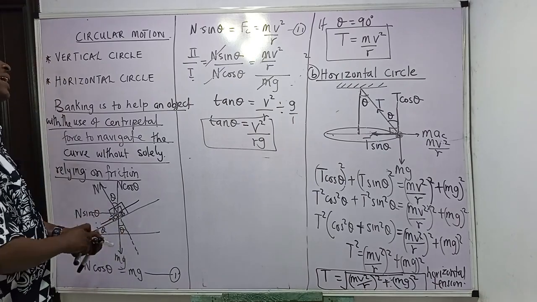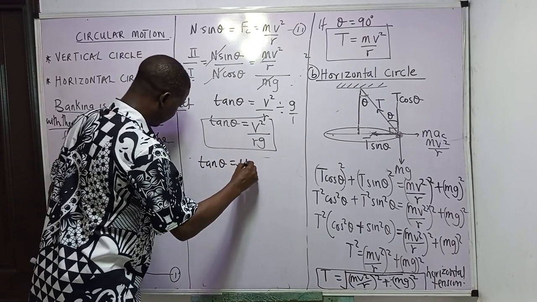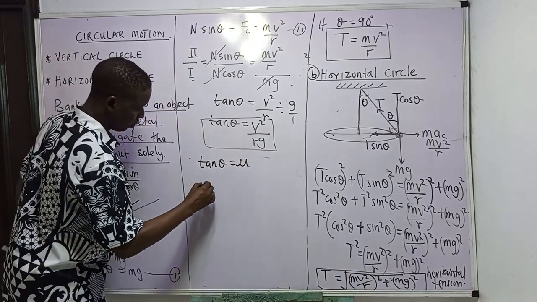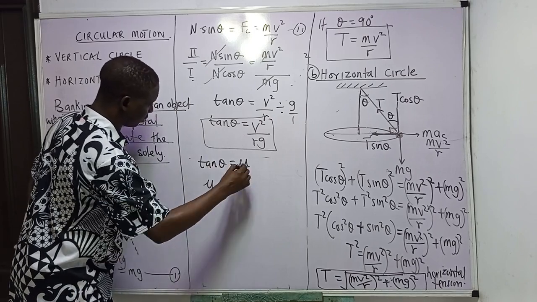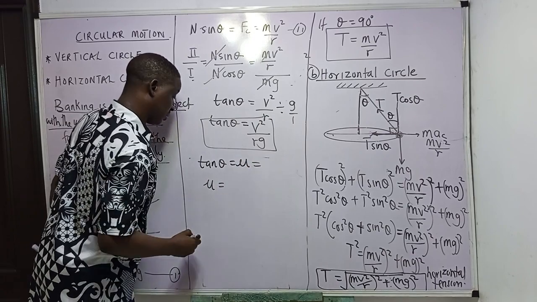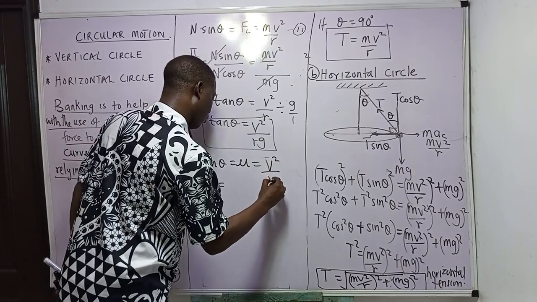So don't forget that tan theta is equal to the coefficient of friction. Therefore, the banking angle is given by tan theta equal to the coefficient of friction, which is equal to v square over rg.